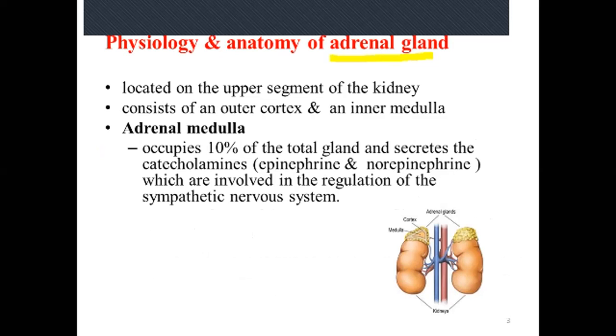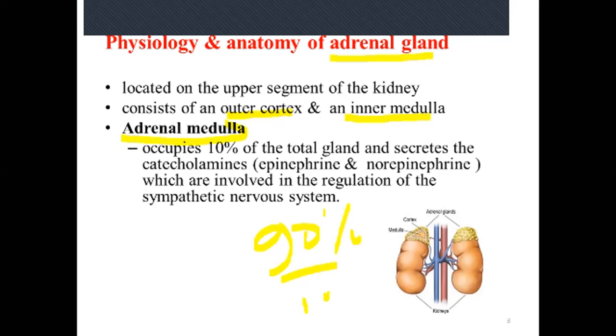Remember, the gland is located on the top of the kidney. They are very tiny and small, but very important for our life. It contains an outer layer and an innermost layer. The outer cortex is the predominant portion of the gland, accounting for 90%. The other 10% is the innermost part, known as the adrenal medulla.